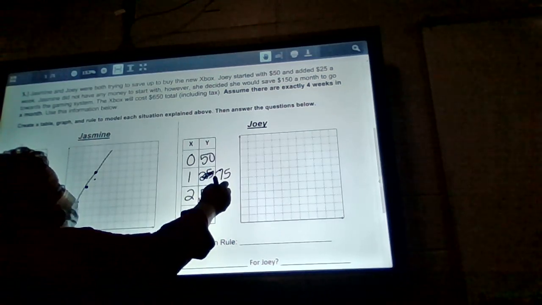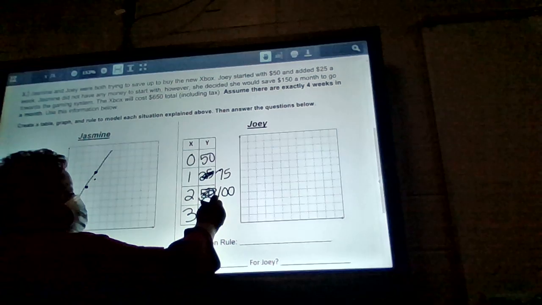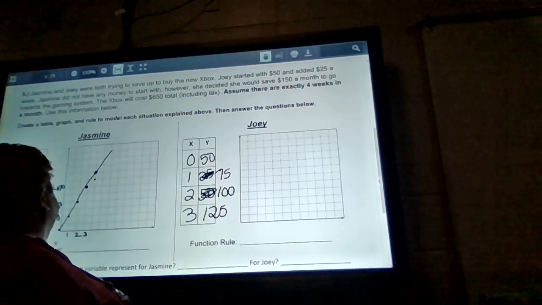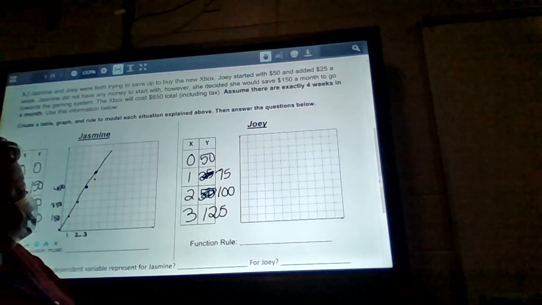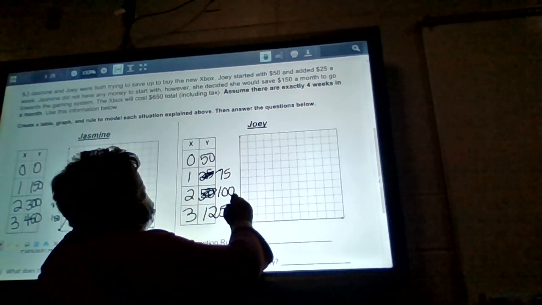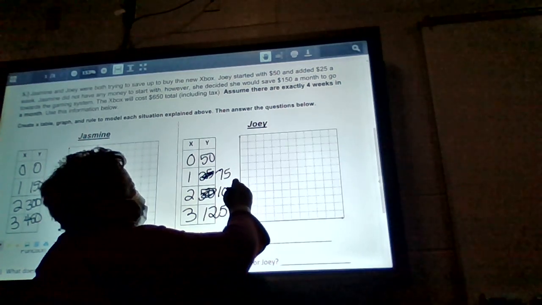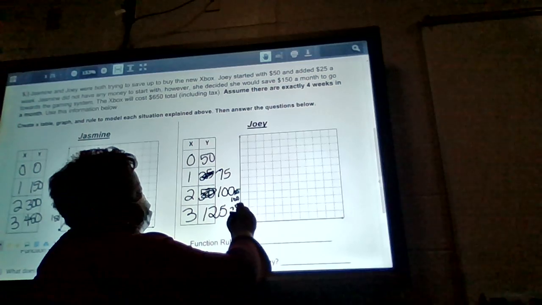Okay, and then he added 25, so that's 100, right? And then the third week is 125. So 50, 75, 100, 125. So at 0, he's at 50. So he's starting here.